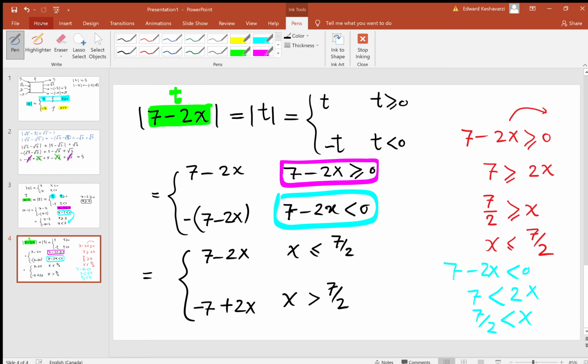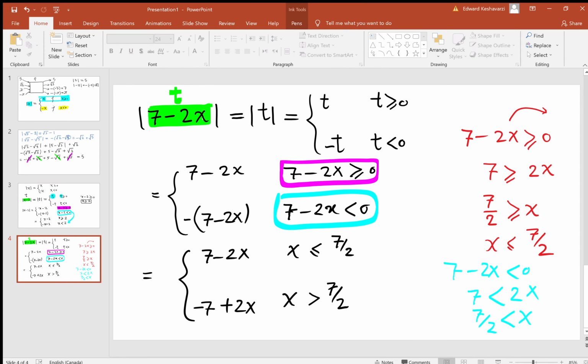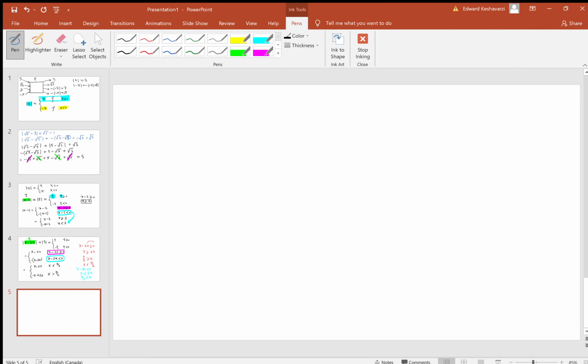I'm going to give you another example because sometimes other than the absolute values, we have x's outside the absolute value. For example, let's see this. X plus absolute value of x minus 2, for example.